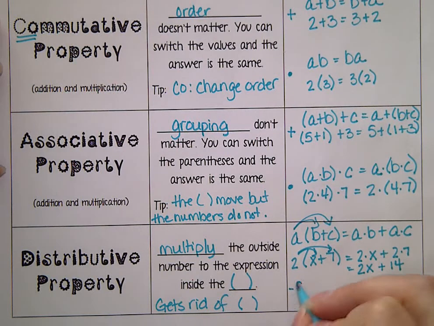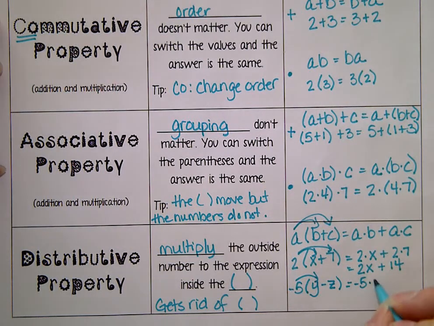Negative 5 times the quantity y minus z is equal to negative 5 times y plus a negative 5 times a negative z. Negative 5 times y is a negative 5y. A negative 5 times a negative z is a positive 5z.